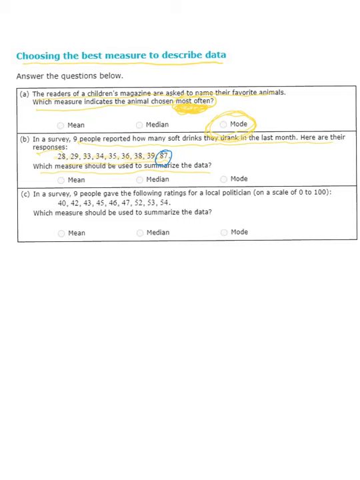Okay, that 87 right there is way bigger than all of these other numbers. All these other numbers are kind of close together, but this 87 would end up skewing our data to the right. So if I were to add all these up, this 87 pulls our average higher than it should be. So the mean would be elevated in this situation.